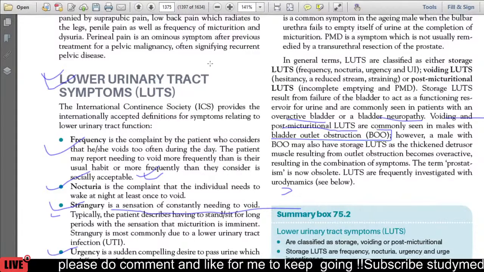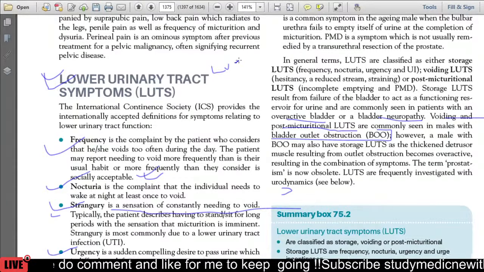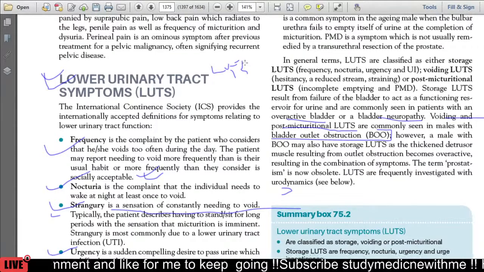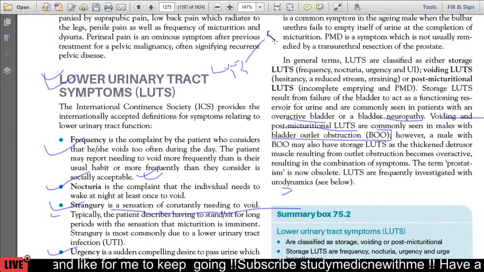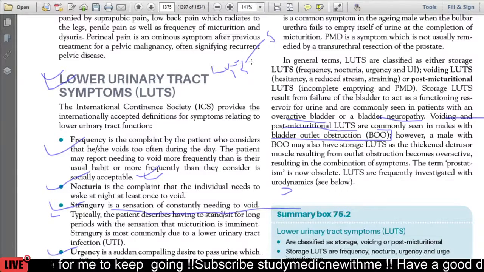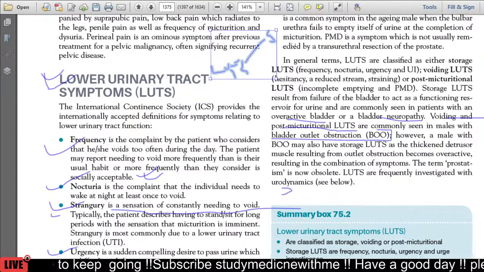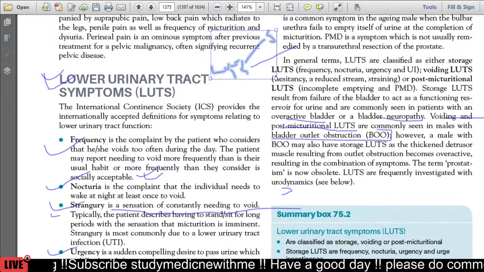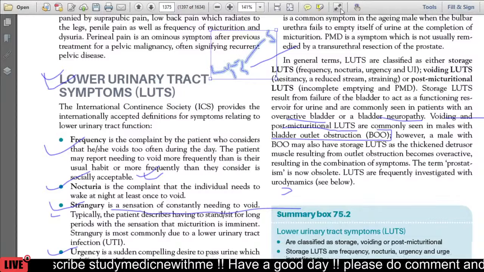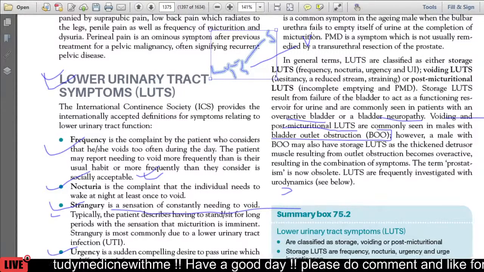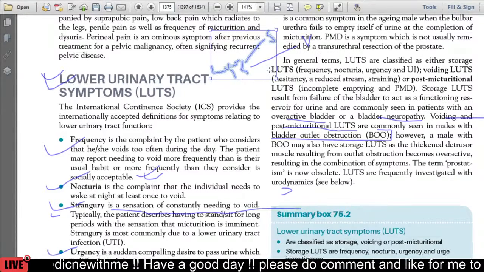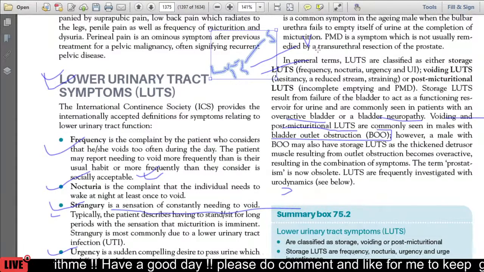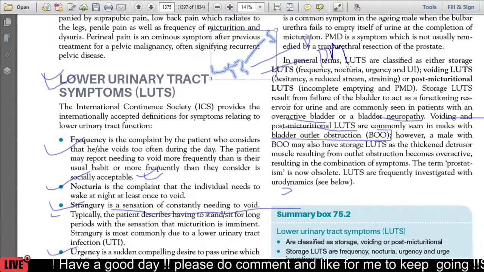So how many types of LUTS are there? There are three types: storage LUTS, which are seen in case of neurogenic bladder dysfunction, voiding LUTS, and post-micturition LUTS.